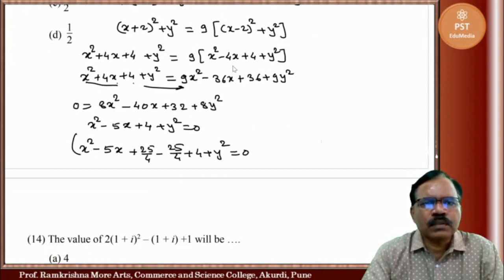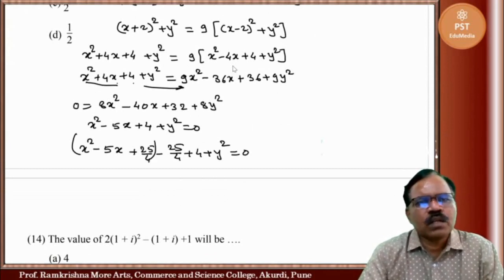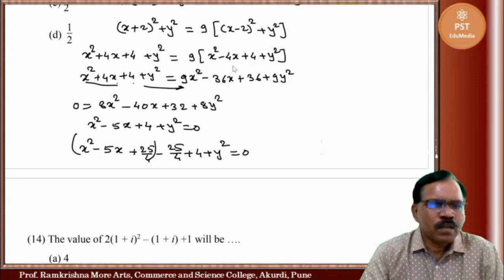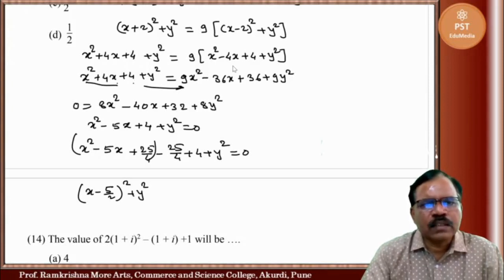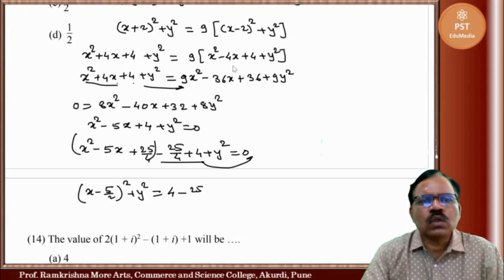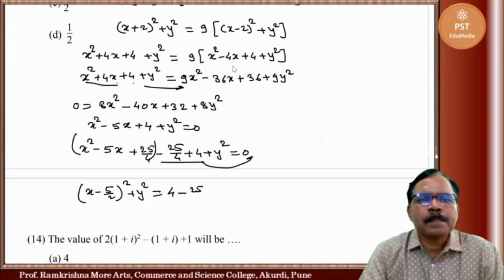Now from these two we'll get x minus 5 by 2 square plus y square is equal to, now these two I will take on this side. So 4 minus, minus 4 plus 25 by 4.